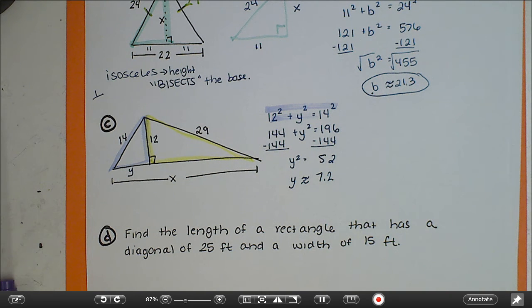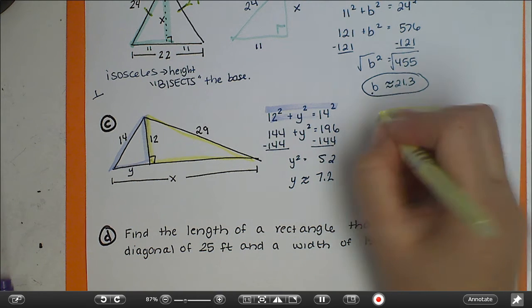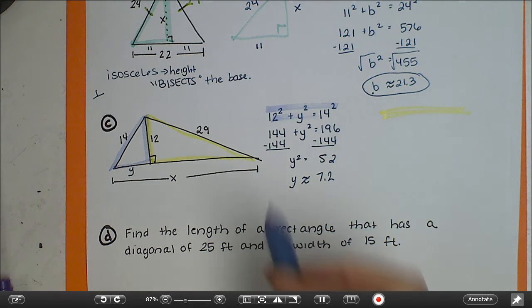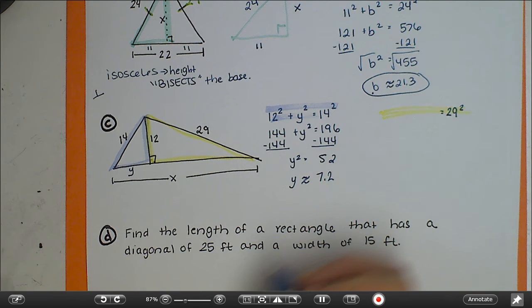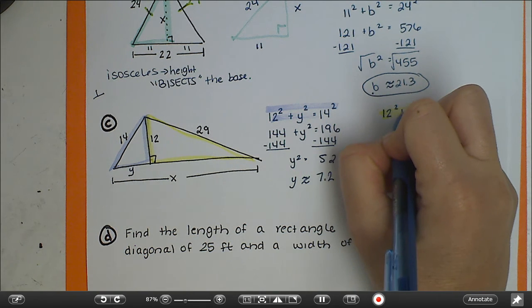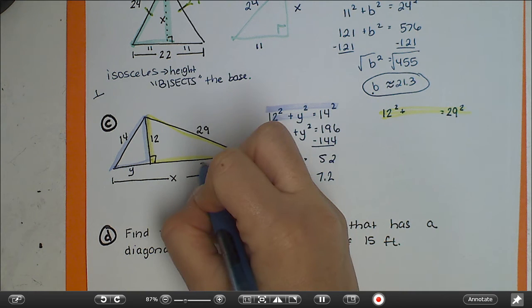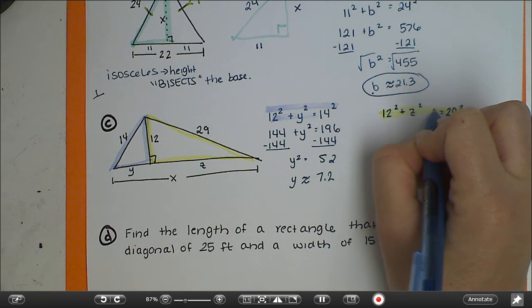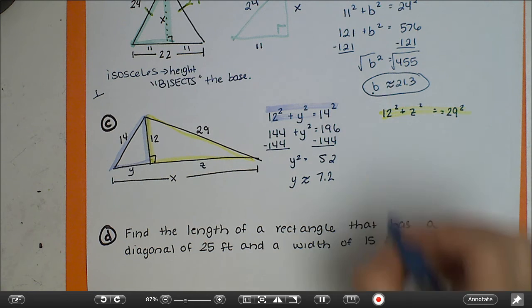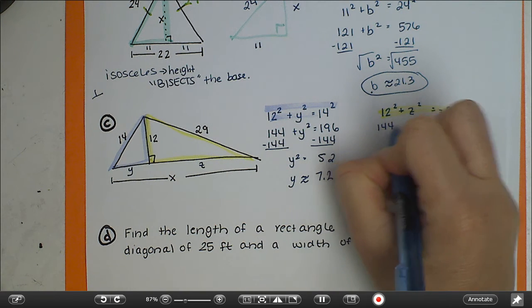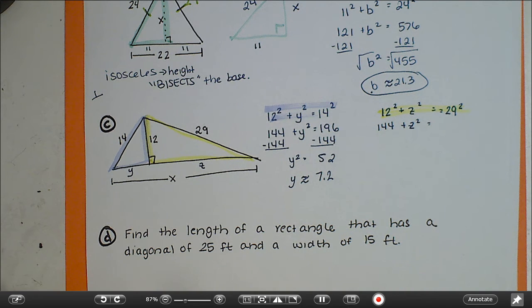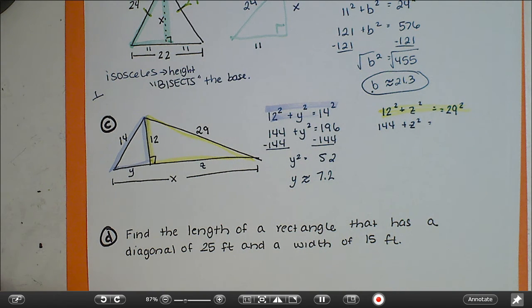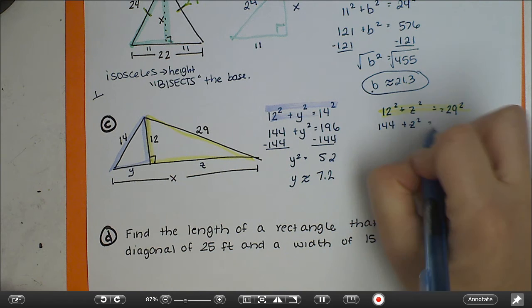So that helps with our purple triangle. Now we're going to do the yellow triangle. The yellow triangle, we again know the hypotenuse. We know one side is 12, one leg, but we don't know the other one. I'll call it z now. 12 squared is 144. And 29 squared I do not have memorized. 841.